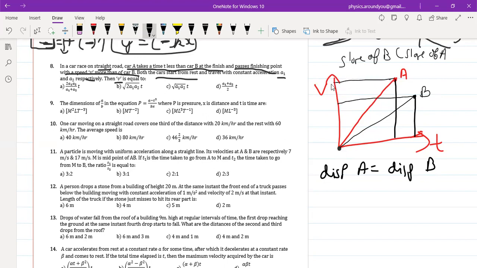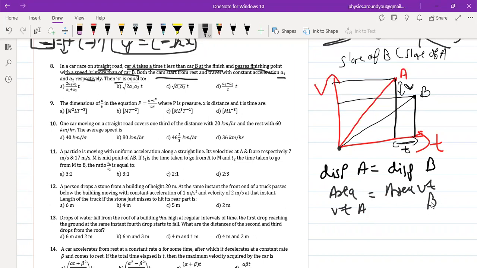If I draw this, this is nothing but the difference in their speeds, which is v, and this is nothing but the difference in their times, t. B took t time more than A. A had more speed v compared to B. And since displacement is the same, I can say the area of the VT graph of A should be equal to the area of the VT graph of B.